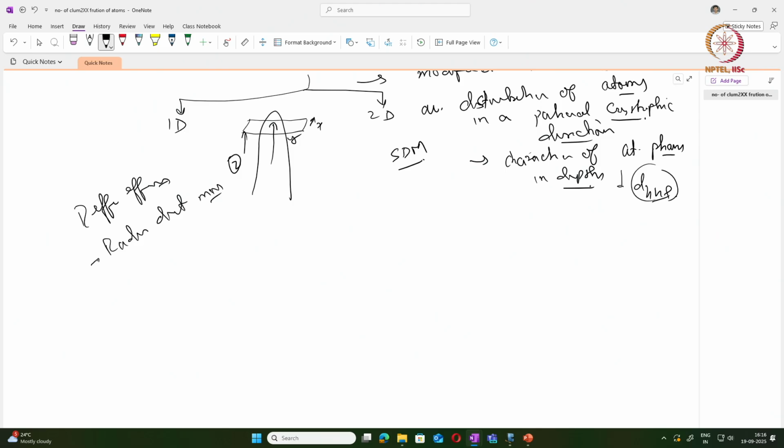This radial distribution frequency is along the radial direction, correct? And if you want a 3D representation of this, we have spatial distribution maps, which are very useful to find out what type of atom is present at what type of site of the unit cell.